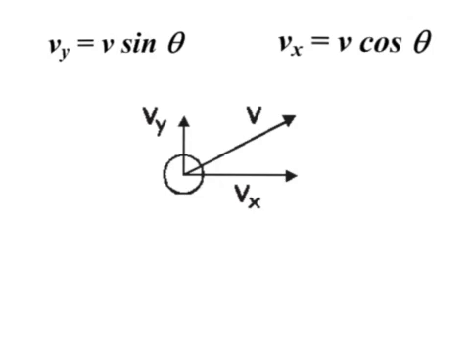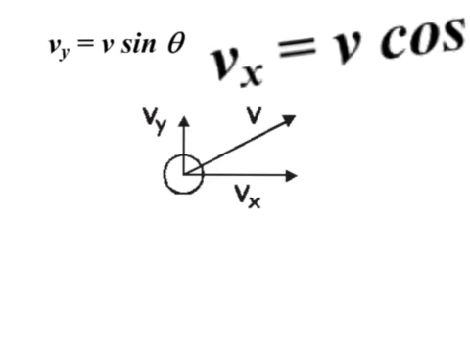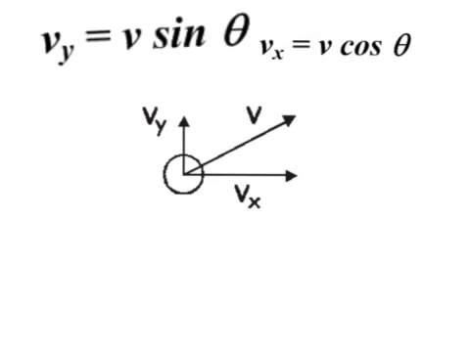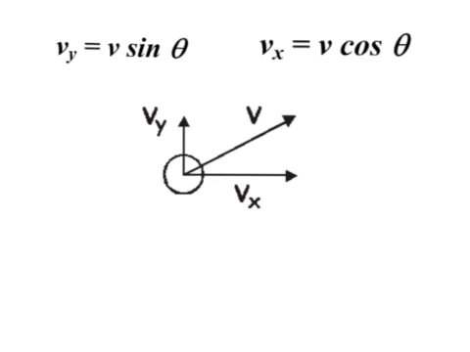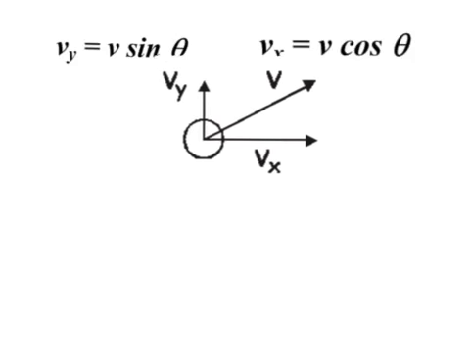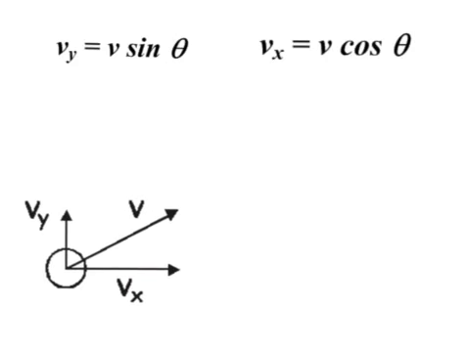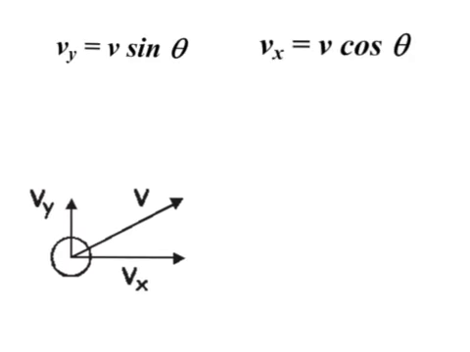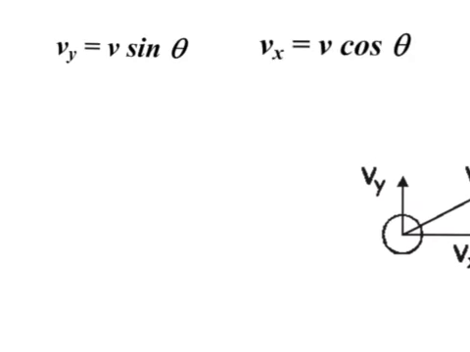So what we can do when we have a projectile is break it down into its x component and y component, and then deal with the motion vertically and horizontally separately, knowing that if I launch a ball from one place to another, it is going to go up and down in the same amount of time that it goes out.